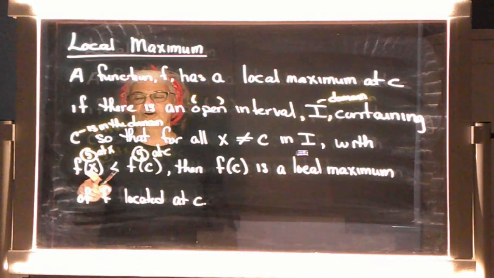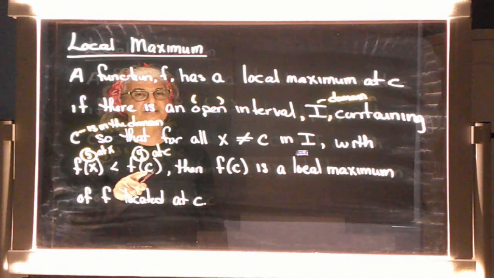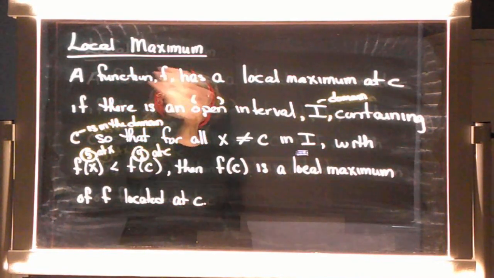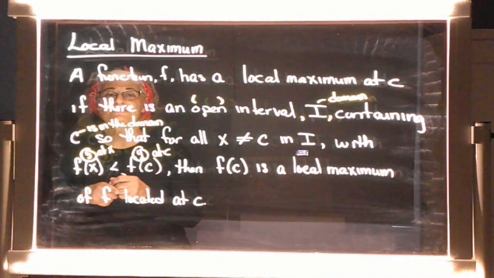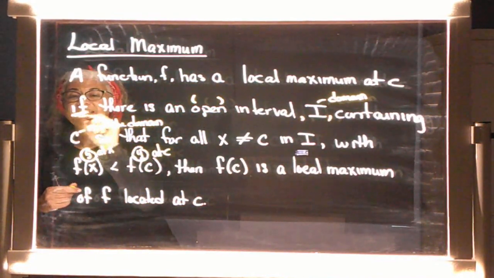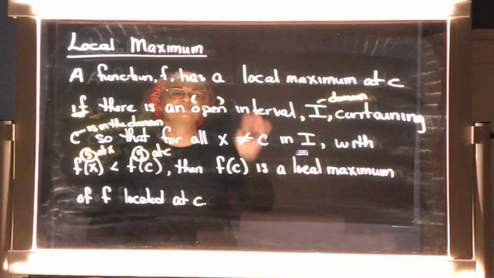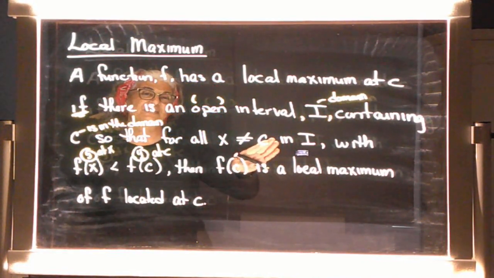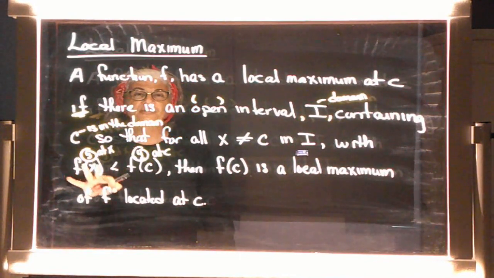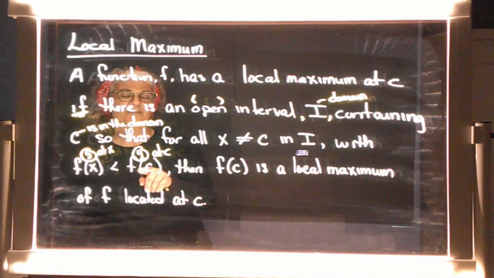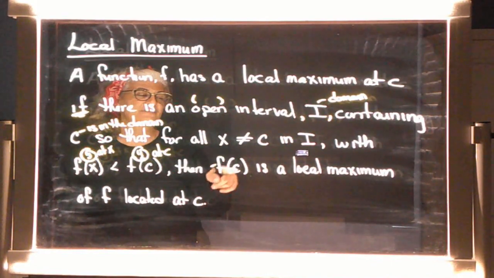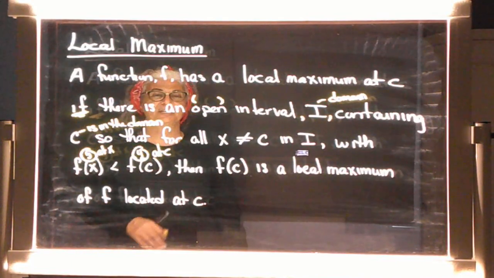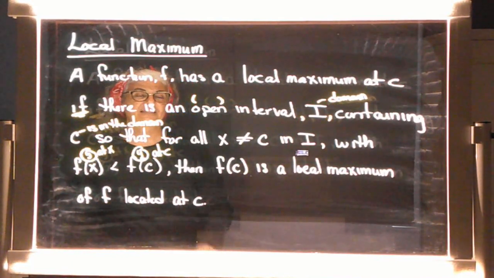And it tells me all these y values are less than the y value that's at that one number c. If this is all the case, because remember, I've got an if-then statement going on. I've got if this is true, if I have this open interval that contains c, so that no other value is equal to it, and all the other y values are smaller than the y value at c, then f of c is called a local maximum of the function f, and it's located at the number c.